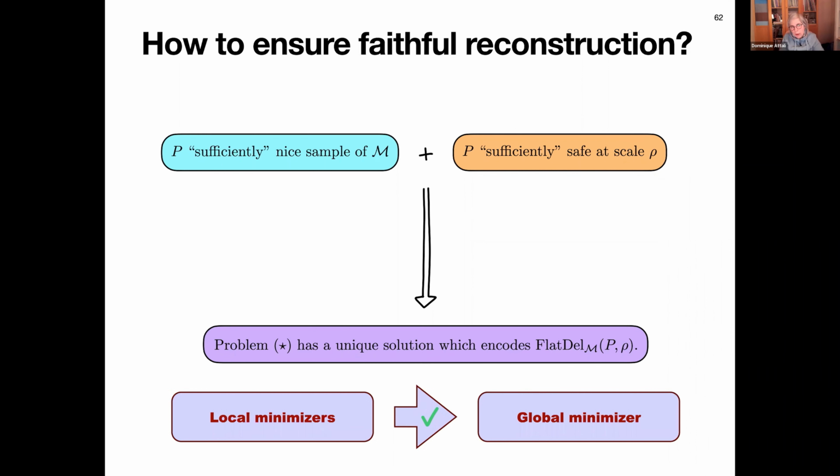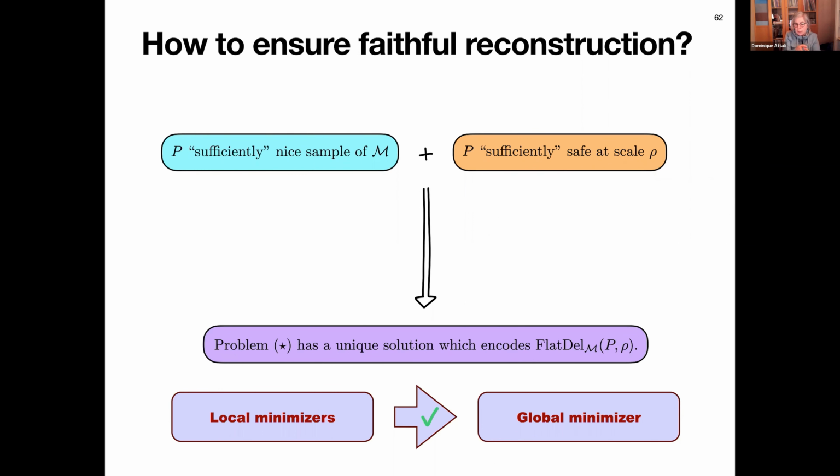Somehow it's not astonishing, because the flat Delaunay complex has been defined locally as small pieces of Delaunay triangulations, and the Delaunay triangulation is known to minimize the Delaunay energy.